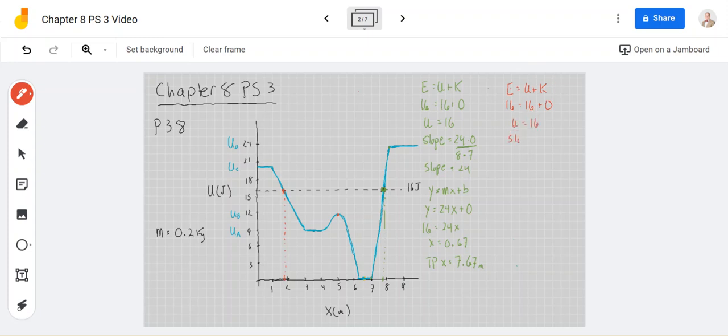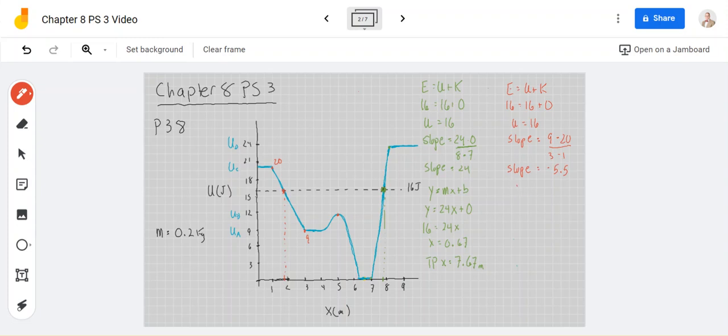Let's get the slope of this one. If I look at these points here, this is 20, this is 9, so I'm going to do 9 minus 20 on top. And it went from 1 to 3 on the bottom, so 3 minus 1. Slope is equal to negative 5.5.